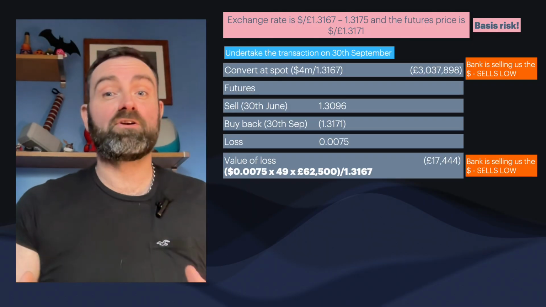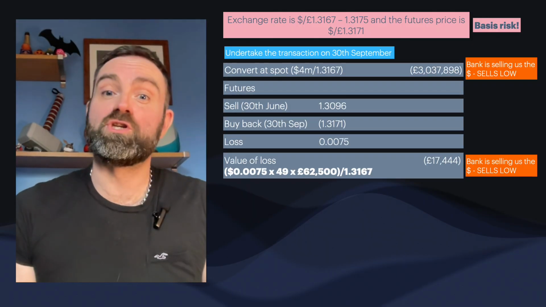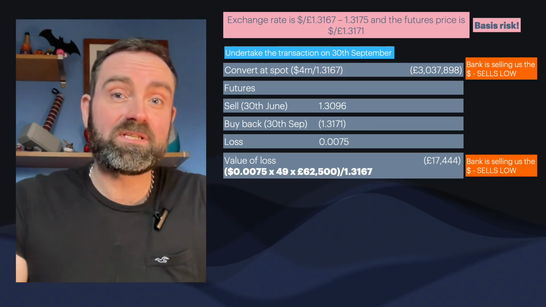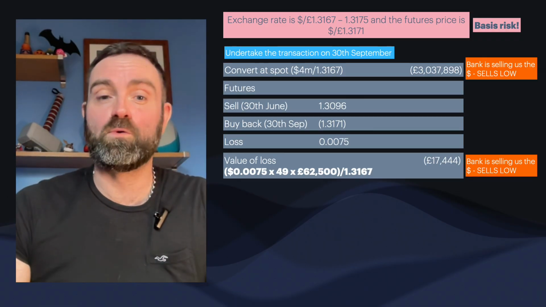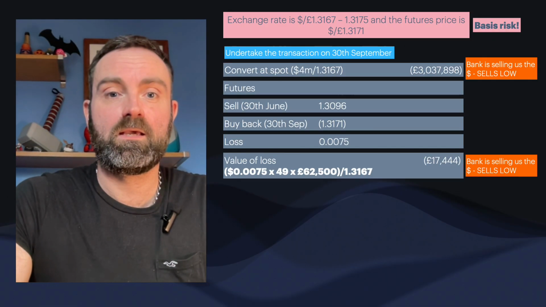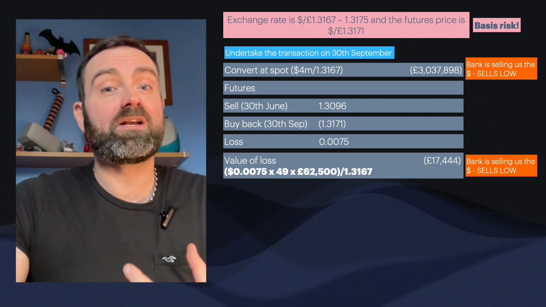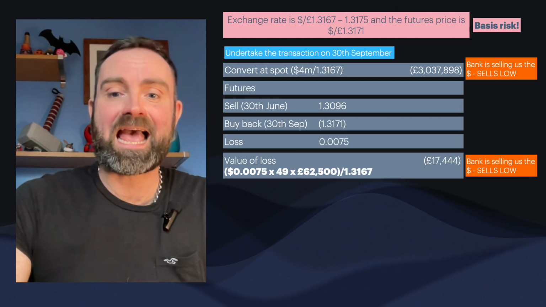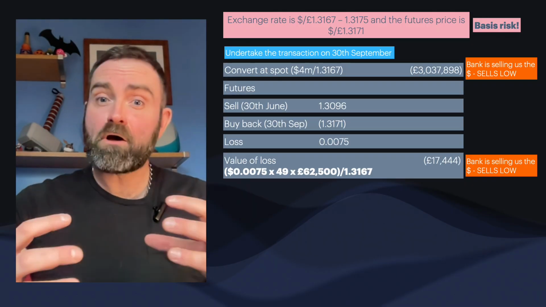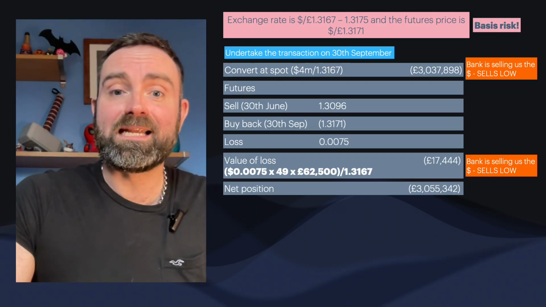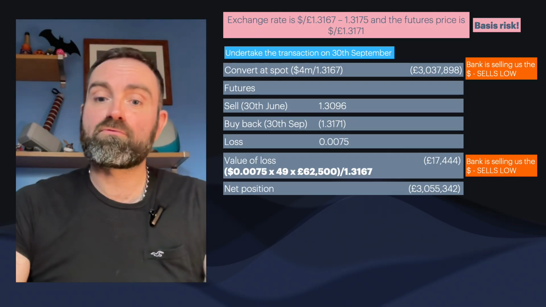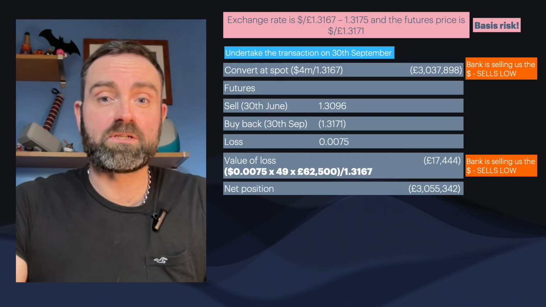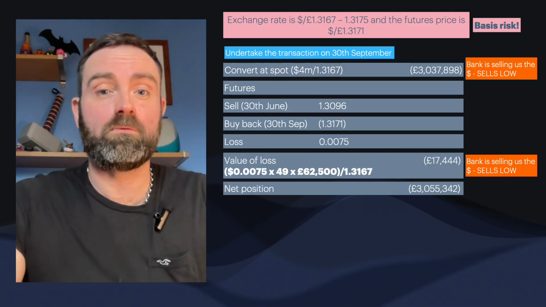So that's going to let us calculate our total loss on the futures in sterling, which is £17,444. If we adjust the original transaction for this amount, it'll give us our net position after hedging. So we've cleared our $4 million payment, and in total, it's cost us £3,055,342.